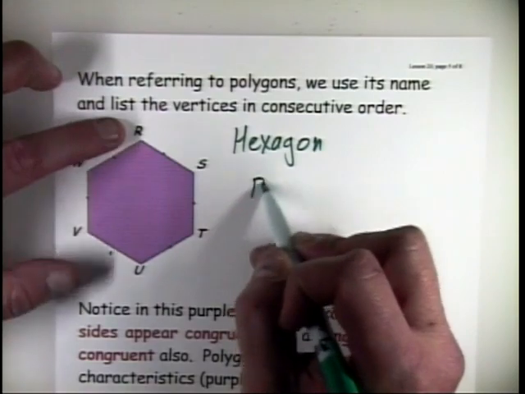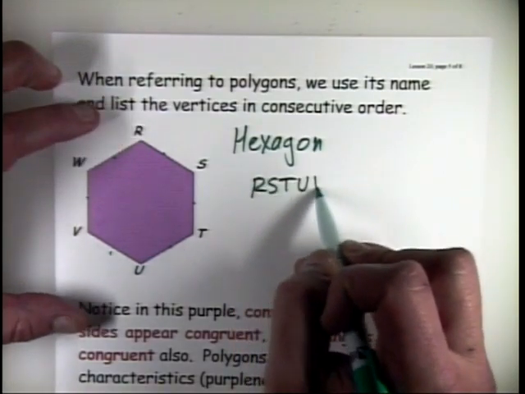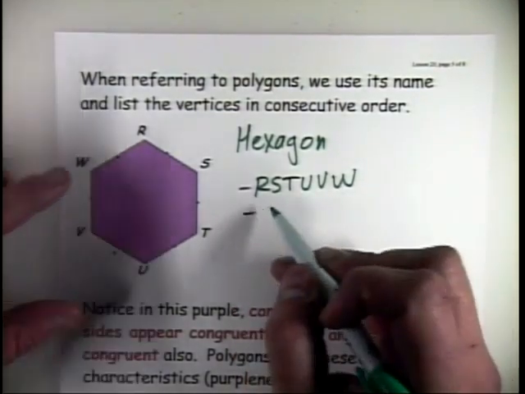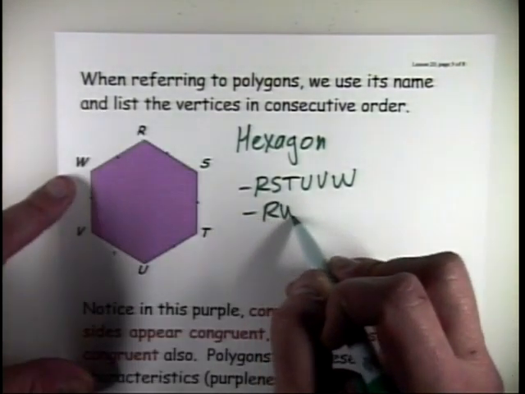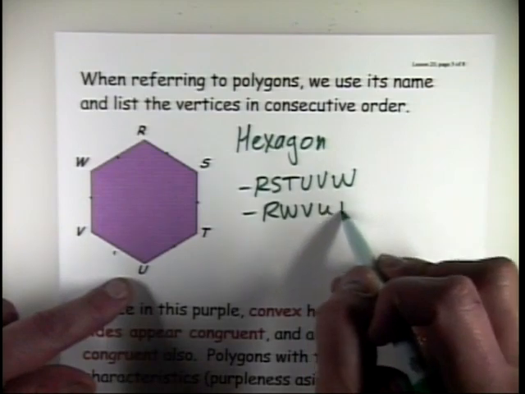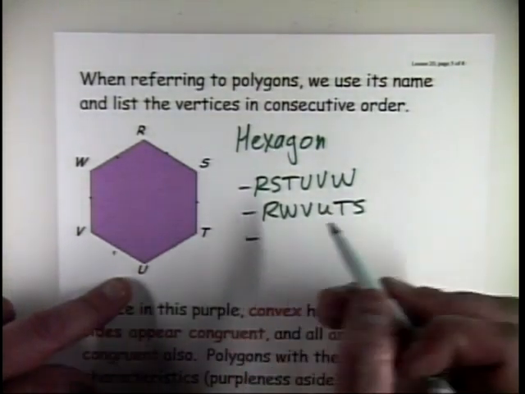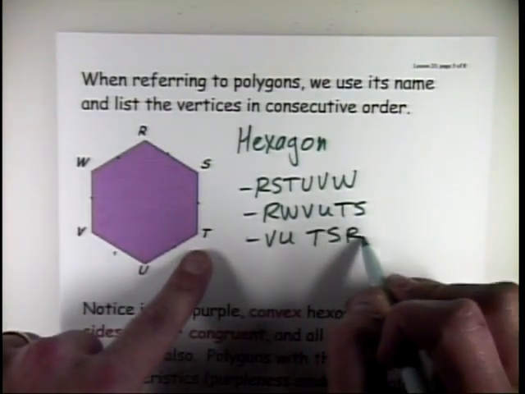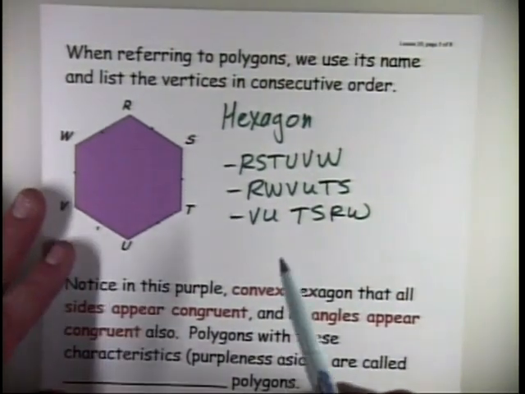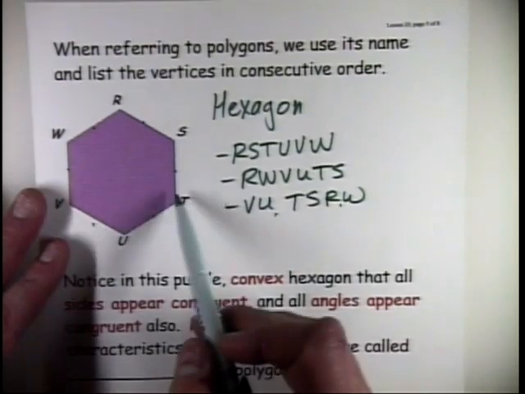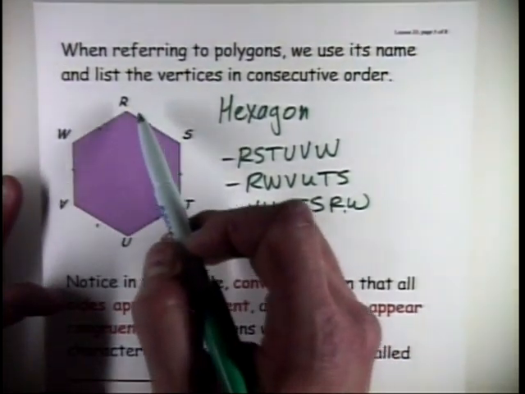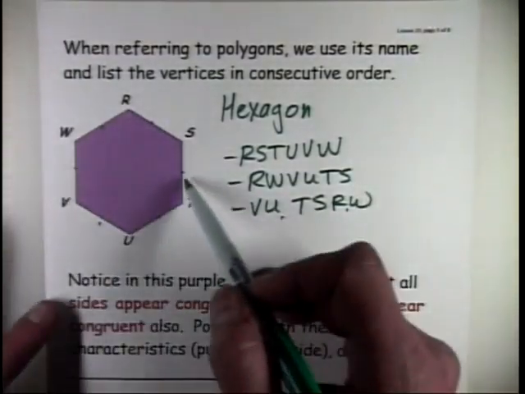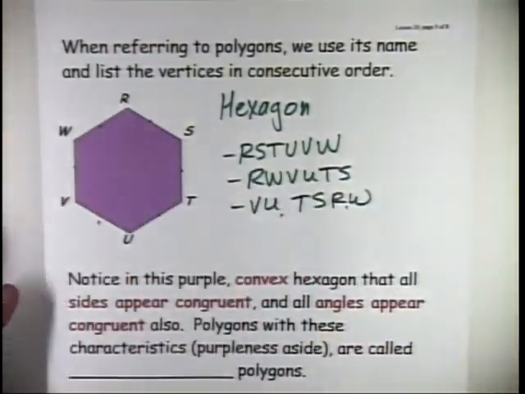So I can start with R, and I'll call it hexagon RSTUVW. Or I can start with R and go backwards, RWVUTS. Or I can start with another letter, like V, VUTSRW. The important thing is that these letters are consecutively listed around the hexagon and consecutively listed in the name. Okay, the order is really not important as far as clockwise or counterclockwise.